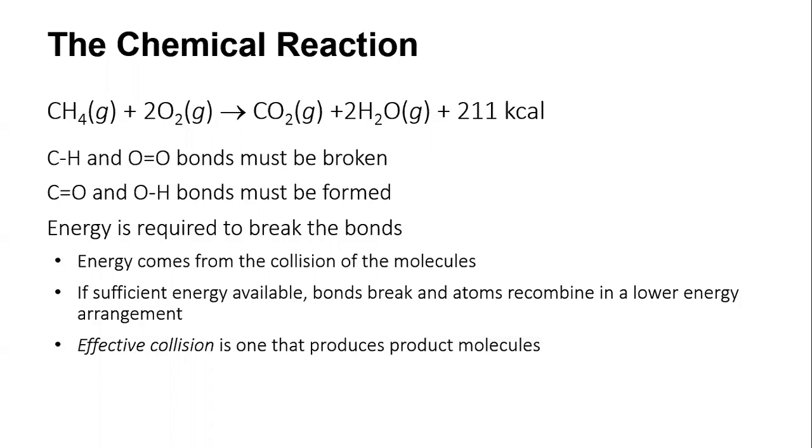And this could involve breaking bonds, and then these atoms recombine into new products that have a lower energy arrangement. And so what we call collisions that produce products is an effective collision. So that means when they collide, they have the right orientation and the right energy to have an effective collision, because not all collisions are effective.